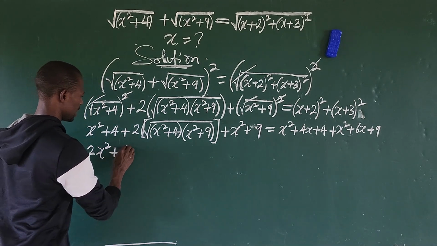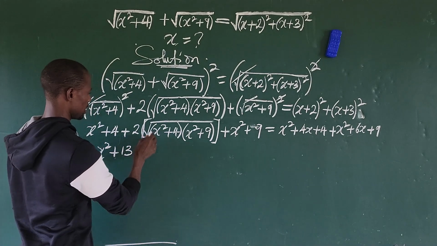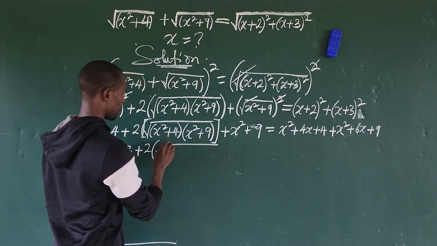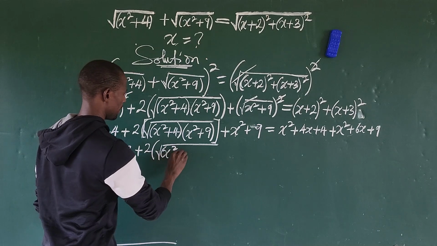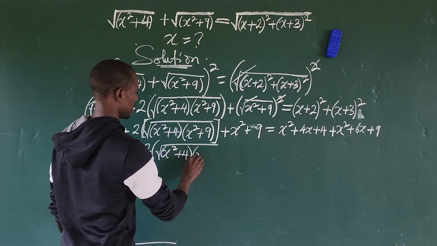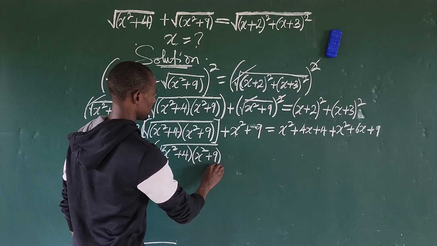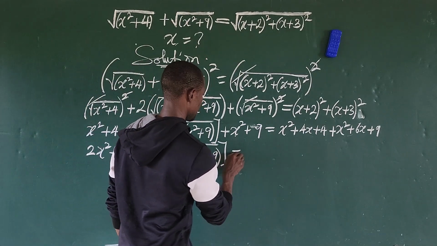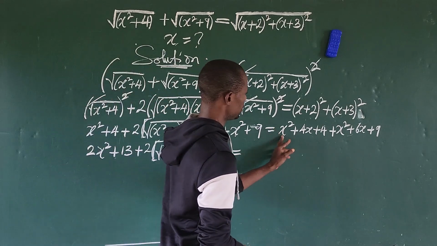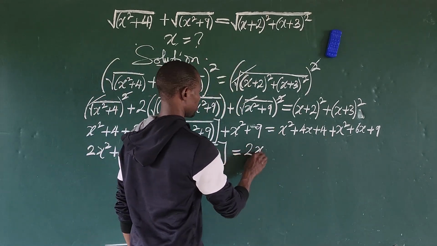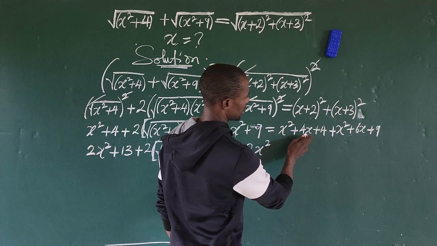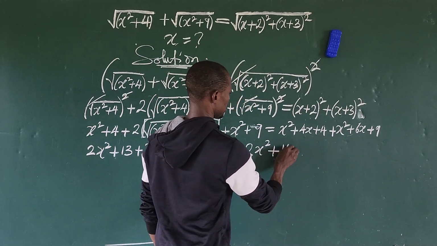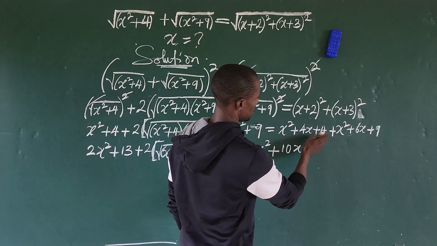So plus 13. Then plus, let's keep this one here, the square root of (x^2 + 4)(x^2 + 9), then equal to 2x squared, plus 10x, plus 13.